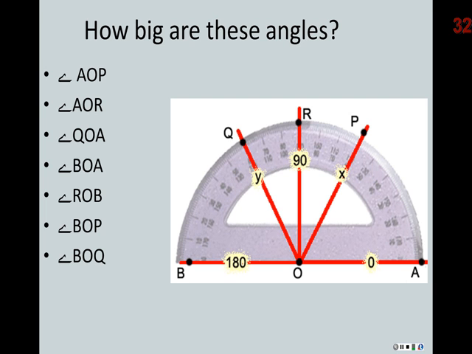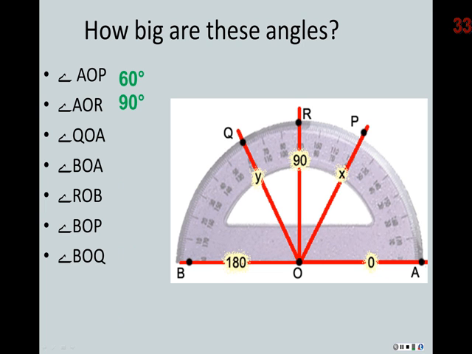Somebody went back and corrected, because I noticed a couple of you didn't put your degrees there. When you're giving the answer to an angle problem, you need to say degrees. That's the units. Okay? So AOP is 60. Now you guys said AOR is 90. Is that right? Yes. Okay.